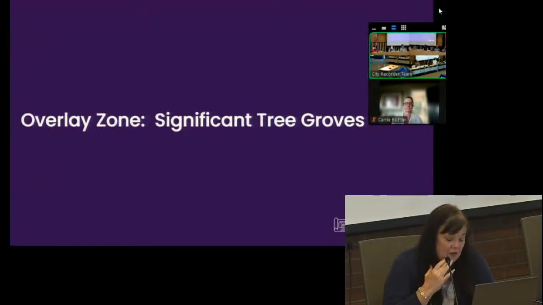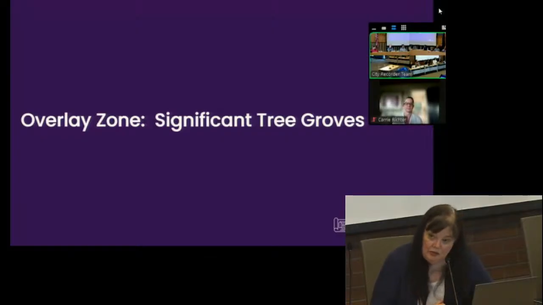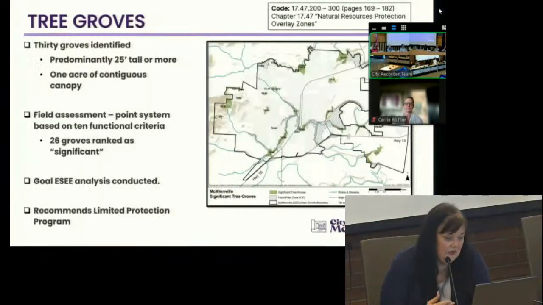So what we do have for you tonight is the overlay zone sub-district for tree groves. That's called the TG-P sub-district in the zoning ordinance. Same sort of thing, where you have to inventory your tree groves and then go through a methodology identifying how we are going to say which ones are significant and we want to protect versus those that aren't.